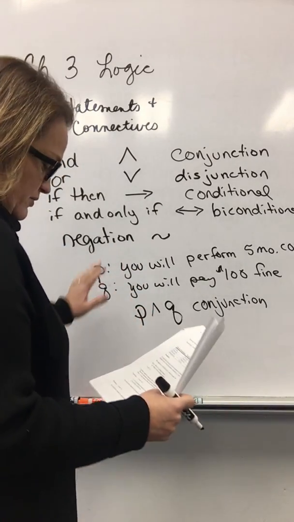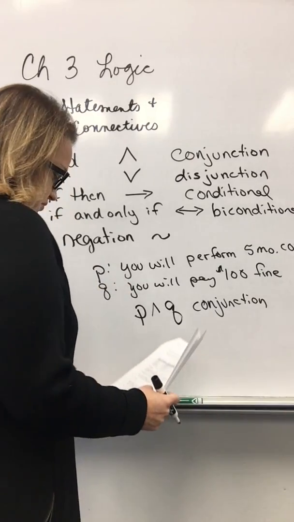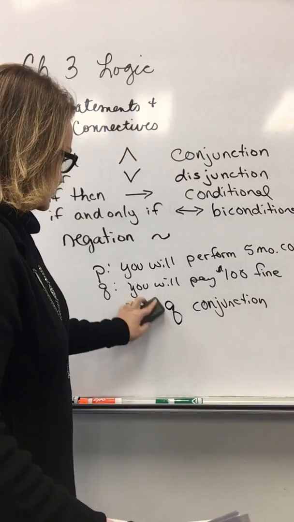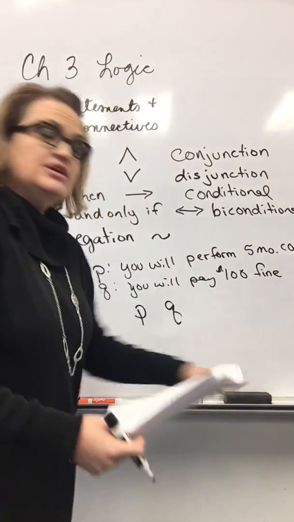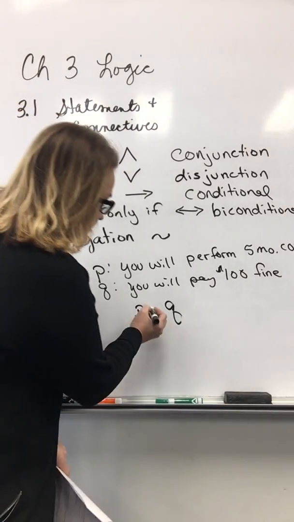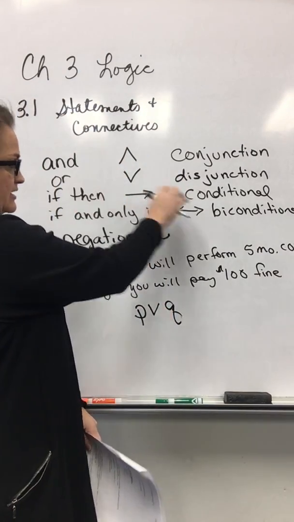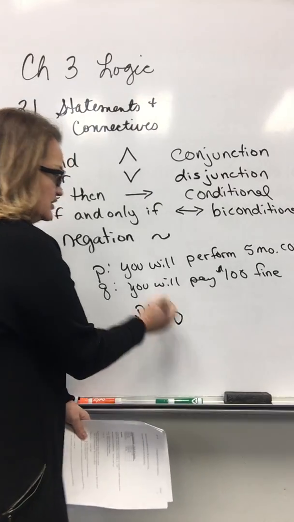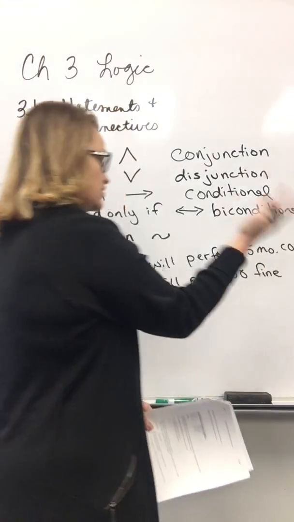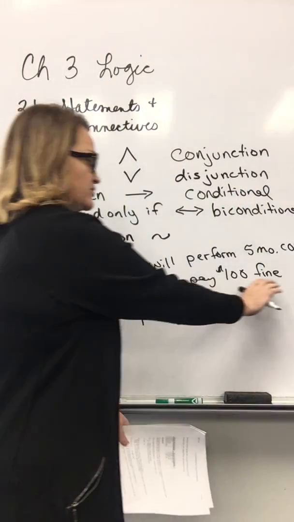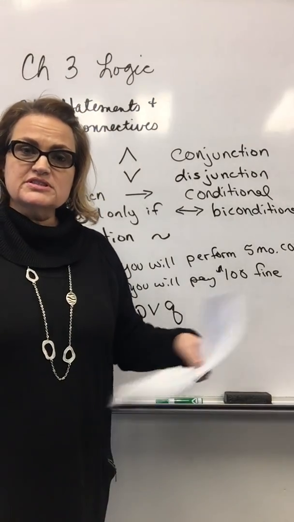The next one, a disjunction, uses the word or, and the symbol is the V, as you can see up here. So if I said you will perform 5 months community service or you will pay the $100 fine, when I use the word or, it's a little more lenient.